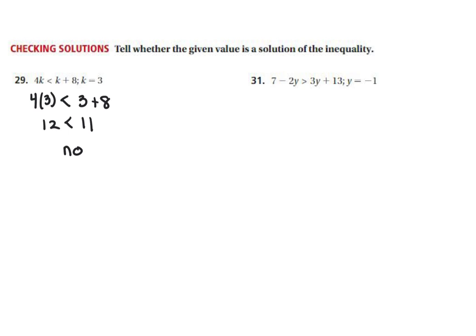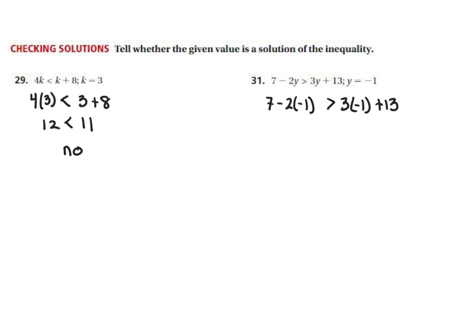For 31, we'll be substituting in negative 1 for y. 7 minus 2 times negative 1 is greater than 3 times negative 1 plus 13.